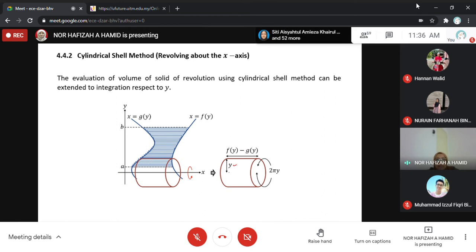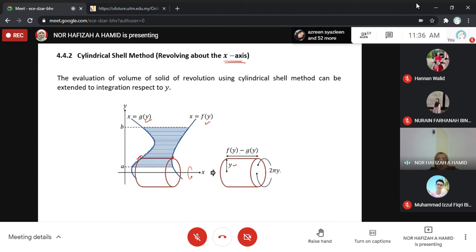Radius pun fix ya. So radius ni fix if the axis of revolution is at the X axis. And to find the length ataupun the height of the cylinder tu is right minus left. So right u function F(y), left u function G(y). So you have F(y) minus G(y).